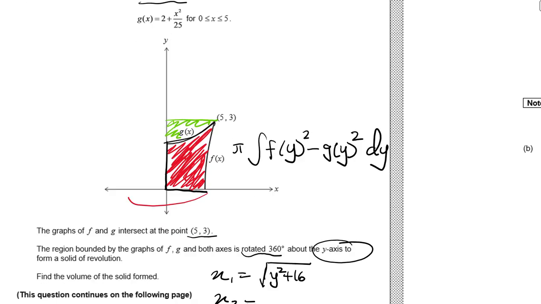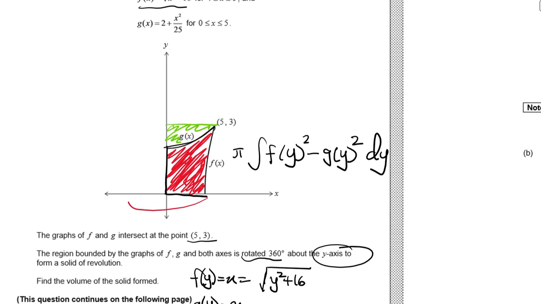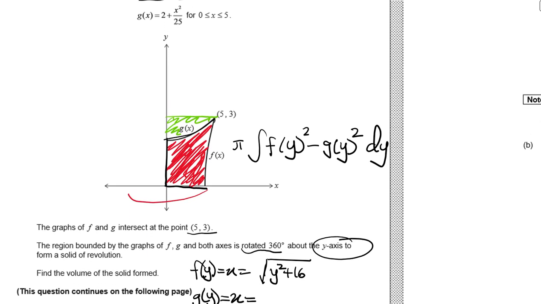And so now, how about I name this f of y? f of y is equal to x, and g of y is equal to x. And what we have is the square root of y minus 2 times 25.